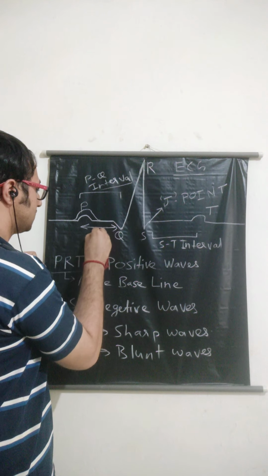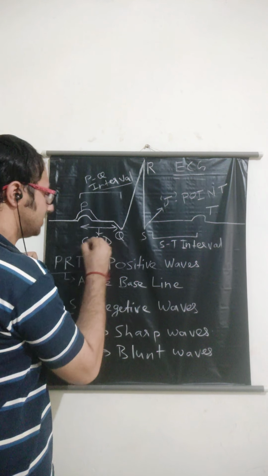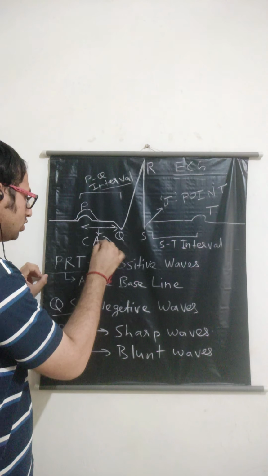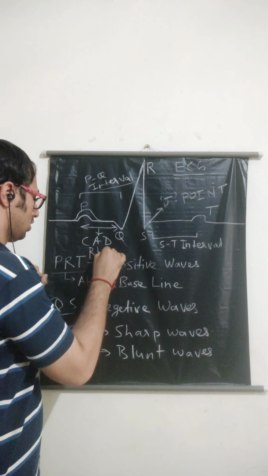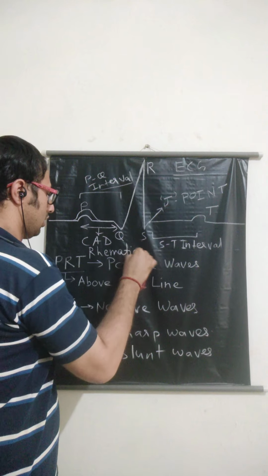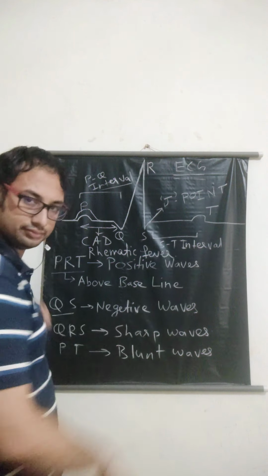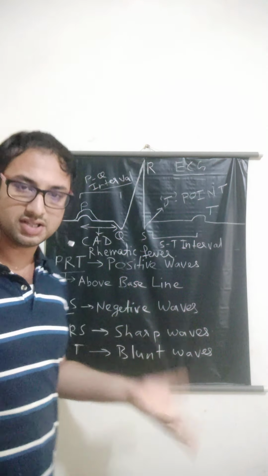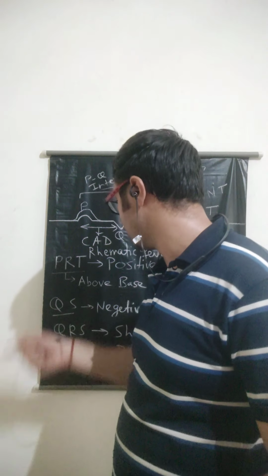Then maybe the patient is suffering from coronary artery disease, atherosclerosis, or rheumatic fever. Coronary artery disease, you all know, is atherosclerosis, that is the formation of plaque in the coronary artery.